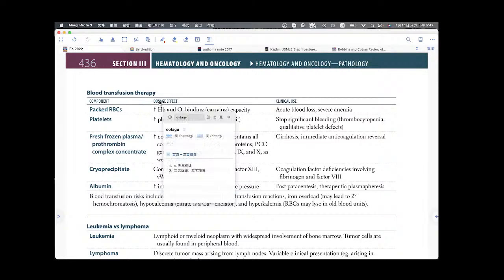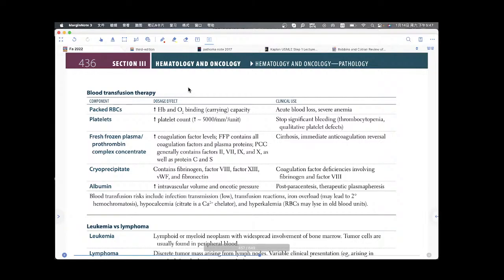Those two effects. Platelets can stop the significant bleeding.